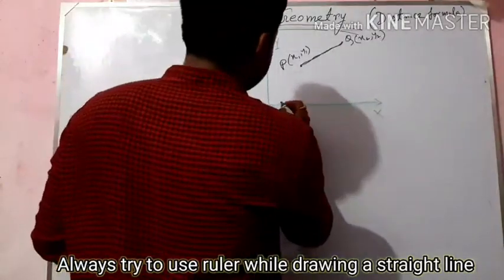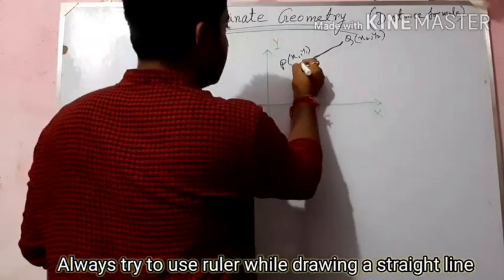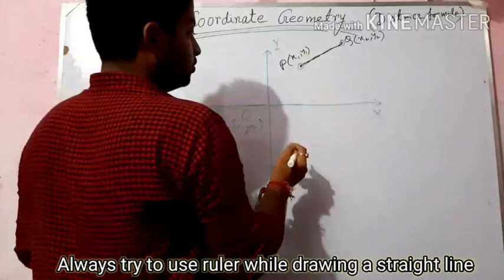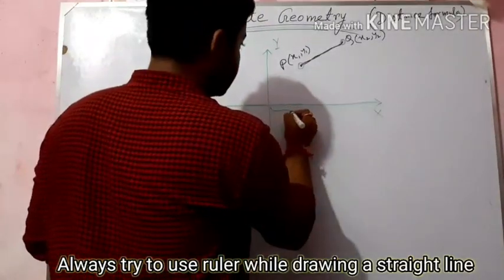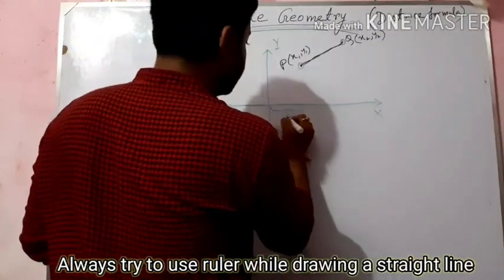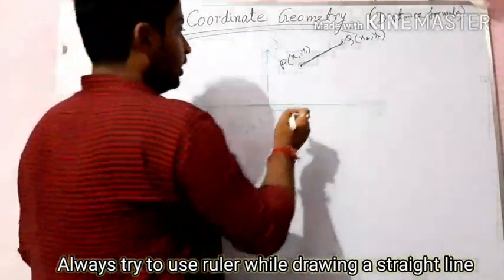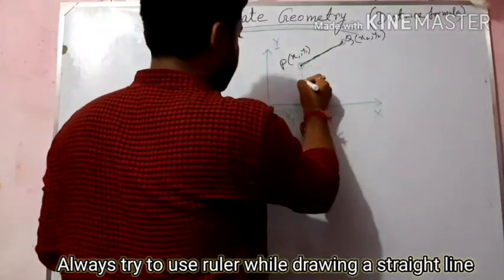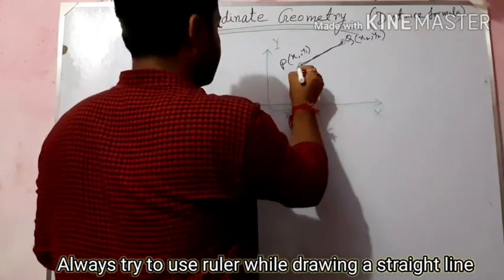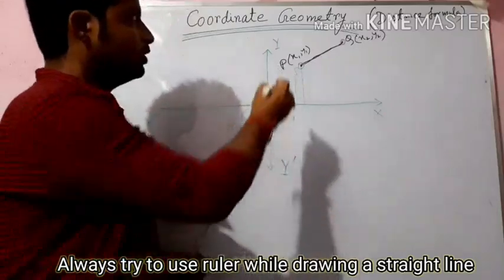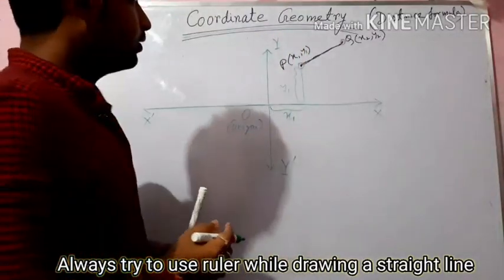Now this point symbolizes x1 comma y1. So this distance is x1, the abscissa of this point, and this is y1, the ordinate of this point, right?